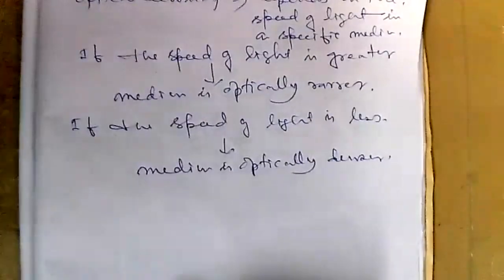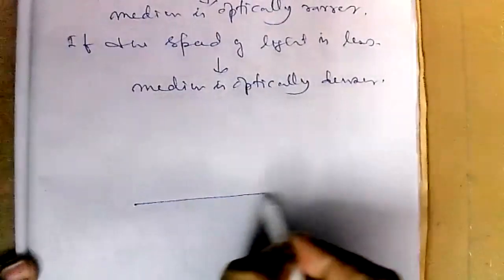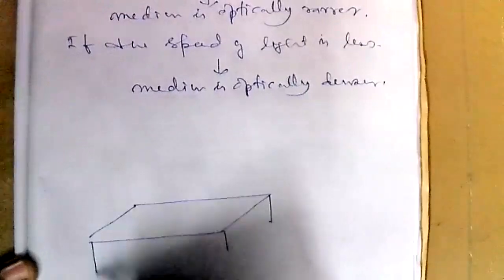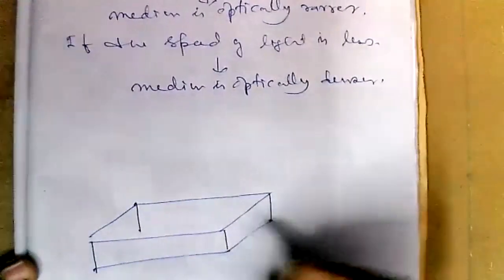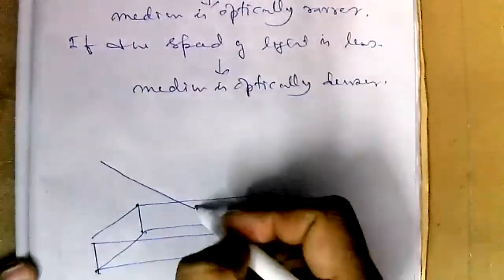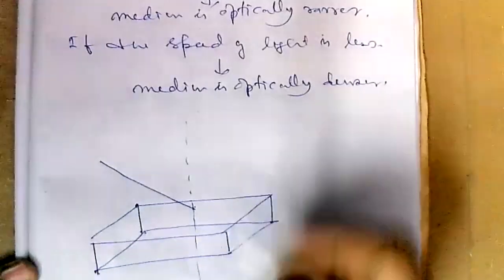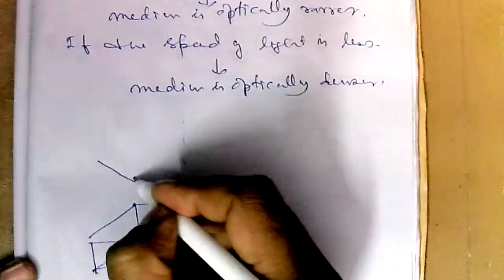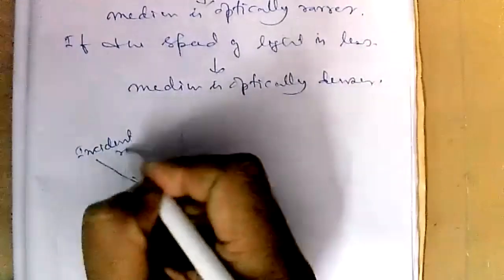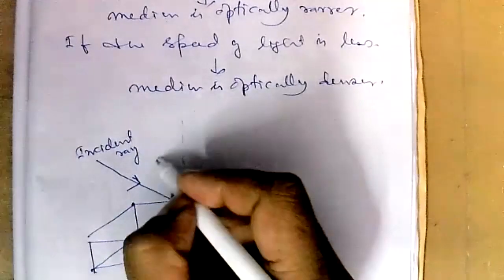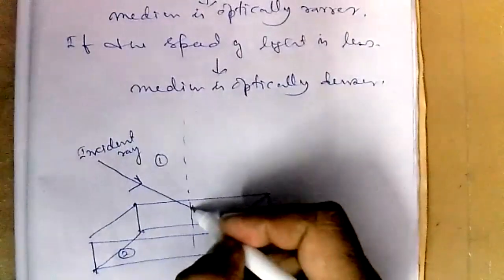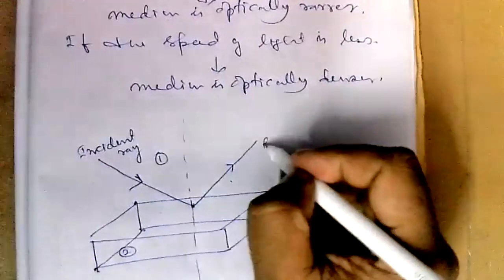Now, whenever a light wave is incident on the interface of two media, this is incident light, this is medium 1, this is medium 2, a portion will be reflected from the point of incidence.